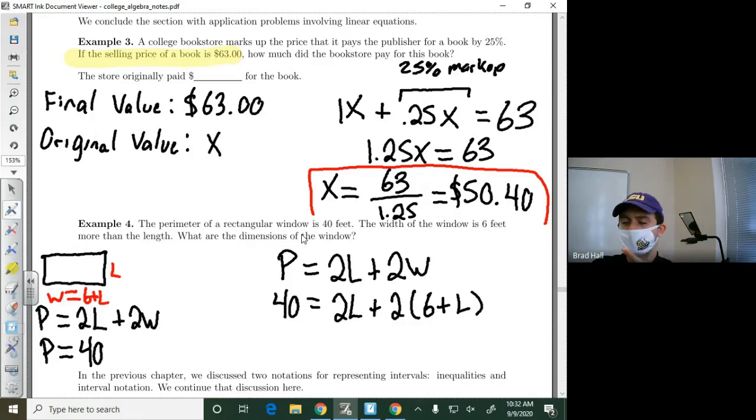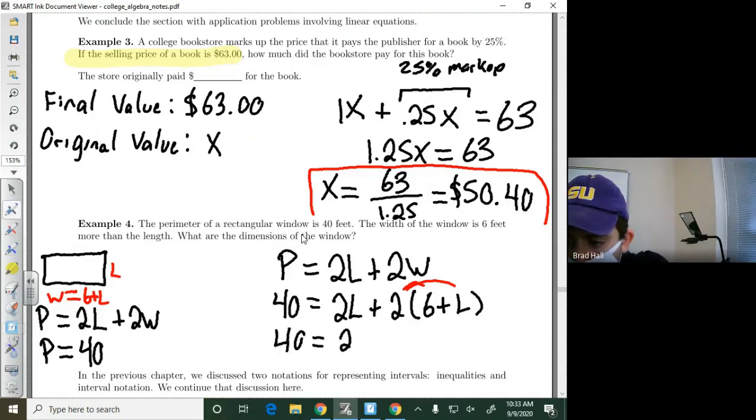So we just went from 2 variables to 1 variable, which means this is something we can do. And we can solve for L as if it were X. So we can distribute here. 2L plus 12 plus 2L.